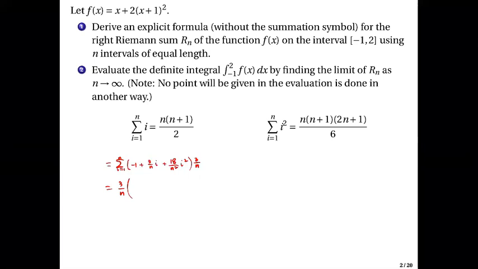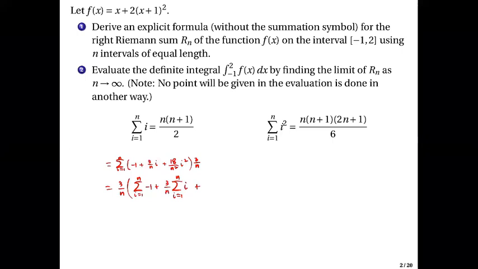And then we have this sum i from 1 up to n of -1, plus the sum of i from 1 up to n. We have this 3 over n here. We can still bring it out, at least on this part here. So we have the plus here and then the 3 over n and then we have the i here.